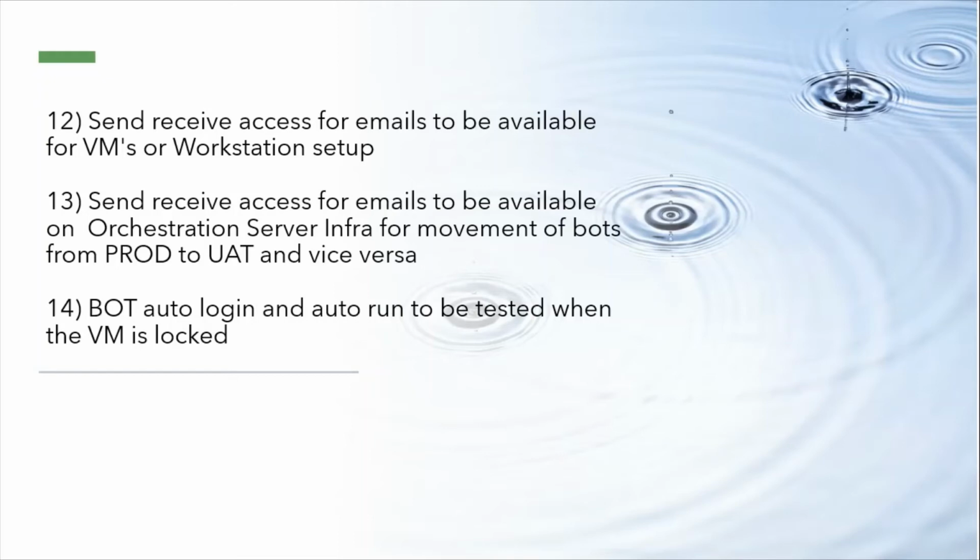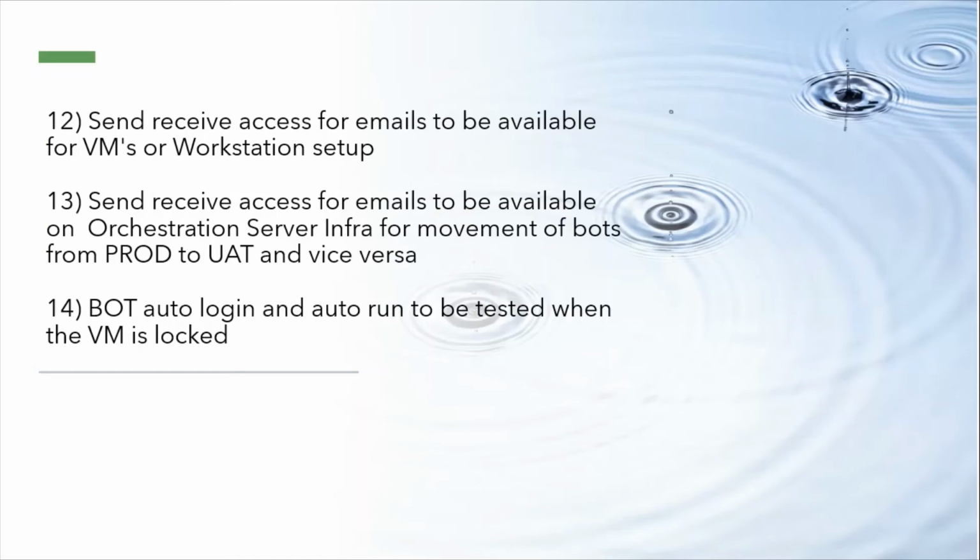All right. The next one would be again send receive access for emails to be made available on the orchestration server infra for movement of bots from prod to UAT and vice versa. Now, often you have seen that when you're moving bots from a UAT control room to a prod control room, you would get it sent over an email.